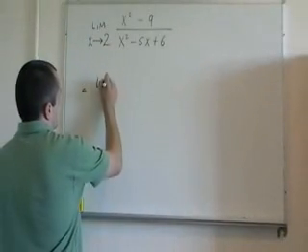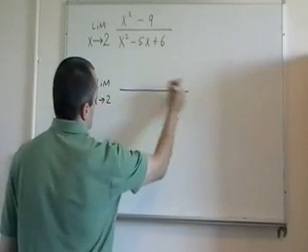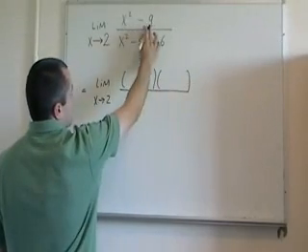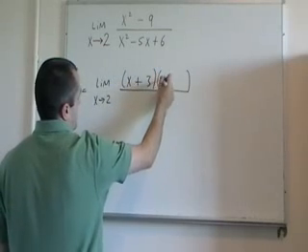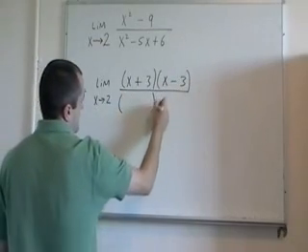So let's do that. We get the limit as x goes to 2. Let's factorise the top. Well, this is just a simple difference of 2 squares, so we have (x plus 3) times (x minus 3). Factorise the bottom.